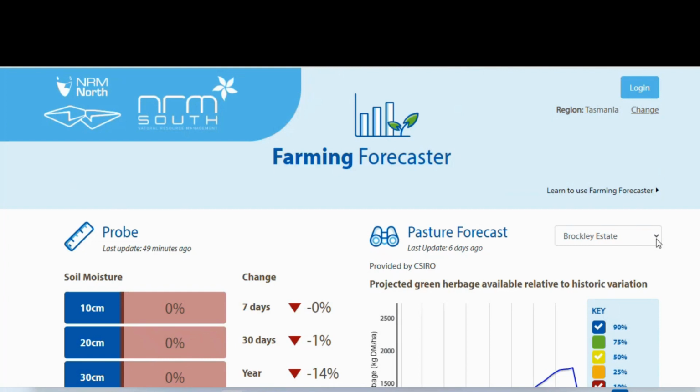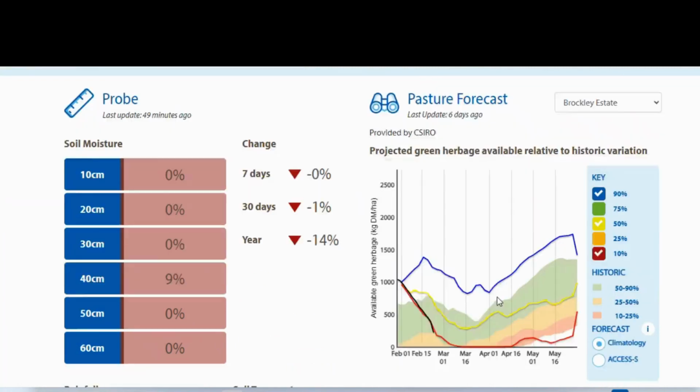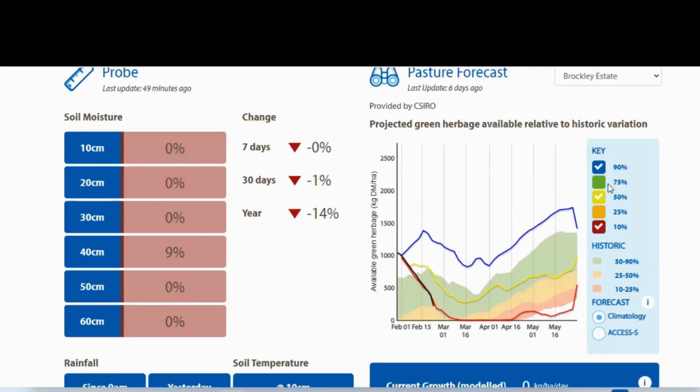Don't think, oh, it's only the people who have the probe or the forecast. Because when we use the forecast, we use 5 kilometre square weather. So that takes some of the individual rainfall at a particular site out of play. The soil types we put in there are typical soil types for the region. It's not exactly the soil type where this is. So that tends to make it more regional relevant rather than specific to a site.